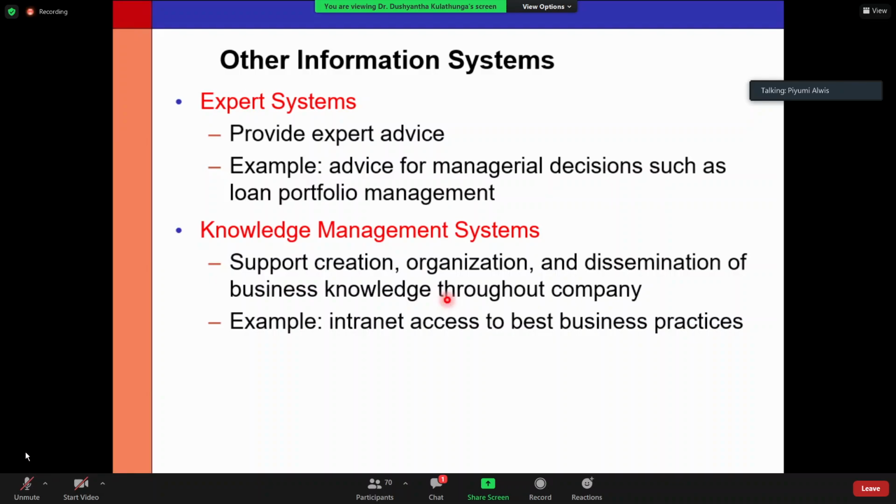So when we take the government information system, that Government Information Bureau, is it like a knowledge management system, that if we want to find details on birth registration, we can find details on that? Is it like that, sir? Yeah. I mentioned that knowledge can be created within the organization or outside the organization. When it comes to a business organization, you are referring to an external source, and the external source is the Government Information Bureau.